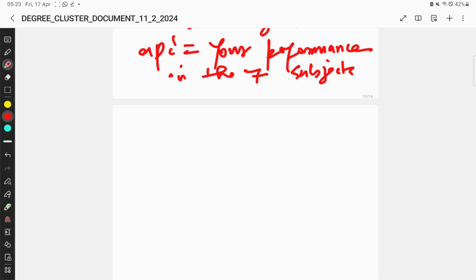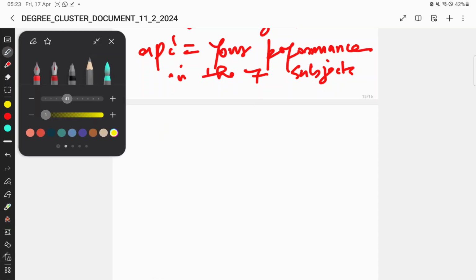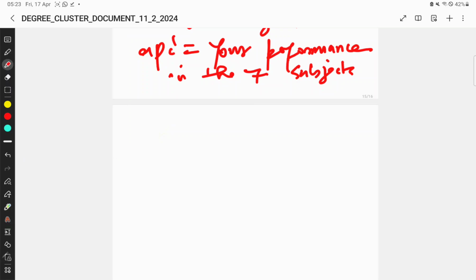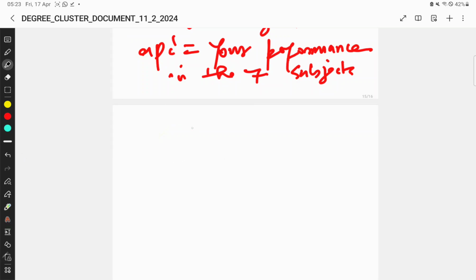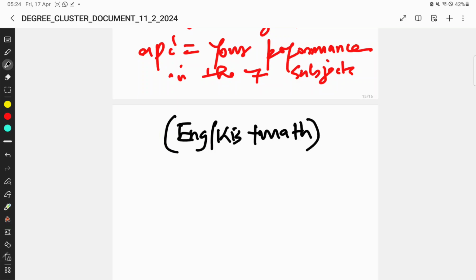The 7 subjects simply means that you are going to have English/Kiswahili plus mathematics, because these are compulsory subjects, plus the other 5, the way you performed in those subjects.